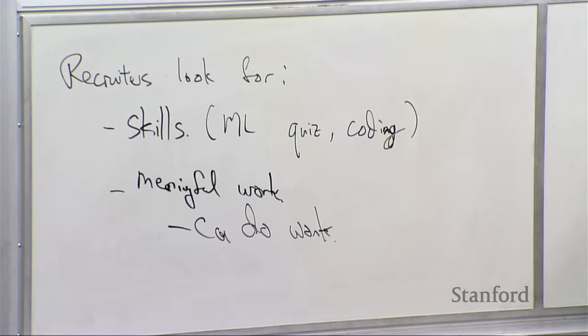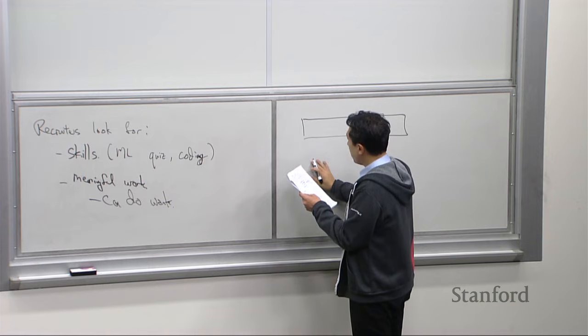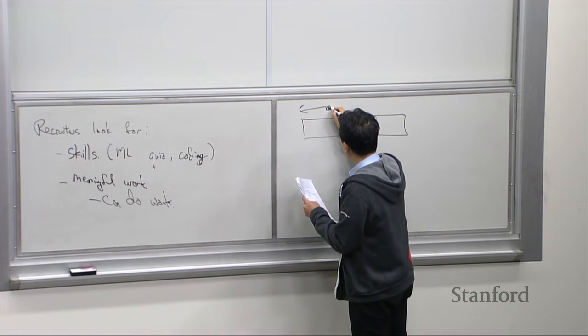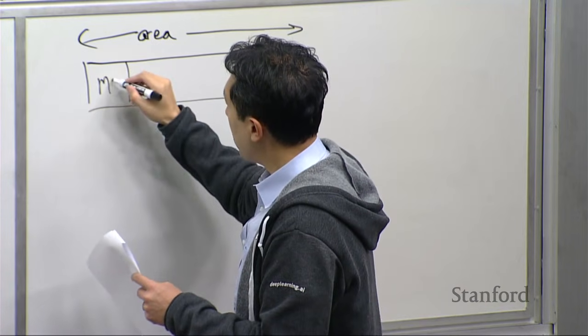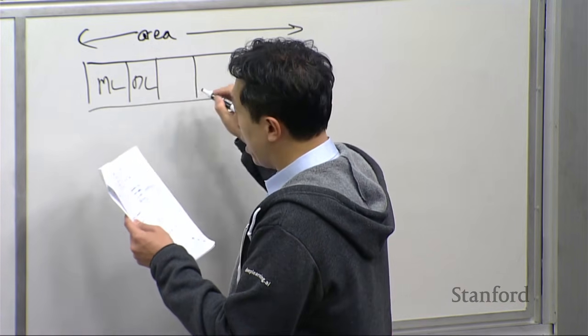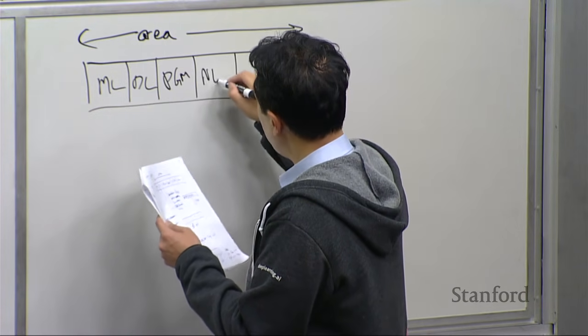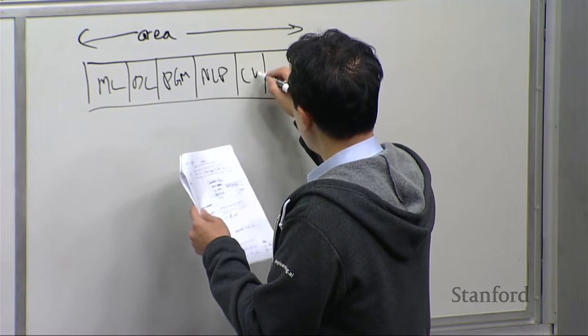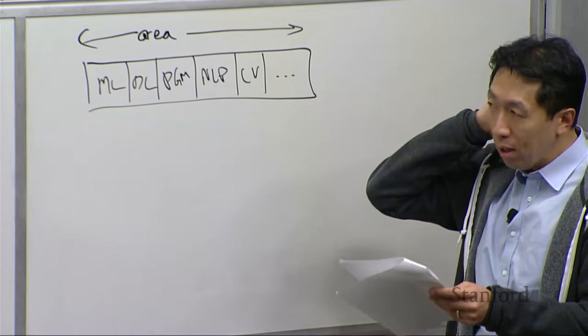And so a very common pattern for the successful AI engineers, say, machine learning engineers, would be the following. On the horizontal axis, I plot different areas. So you might learn about machine learning, learn about deep learning, learn about probabilistic graphical models, learn about NLP, learn about computer vision, and so on, for other areas of AI or machine learning.